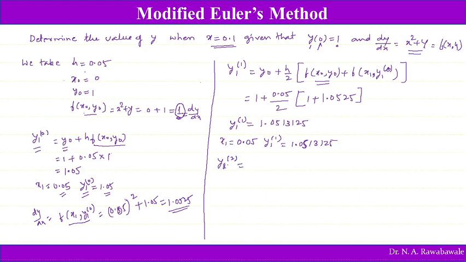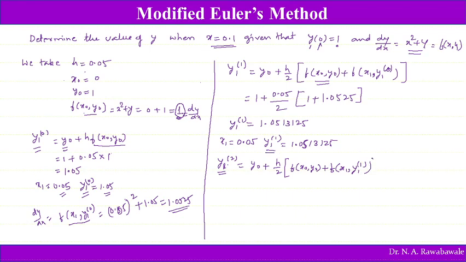In the second iteration, to refine the value of y1, the value of y is being refined and improved. So again we write this as y0 plus h by 2 into f of x0 comma y0 plus f of x1 comma y1 of 1, the revised value.